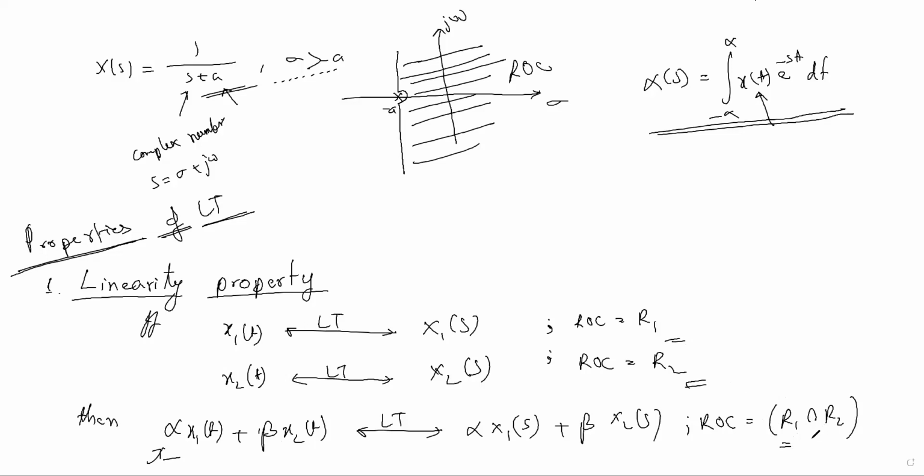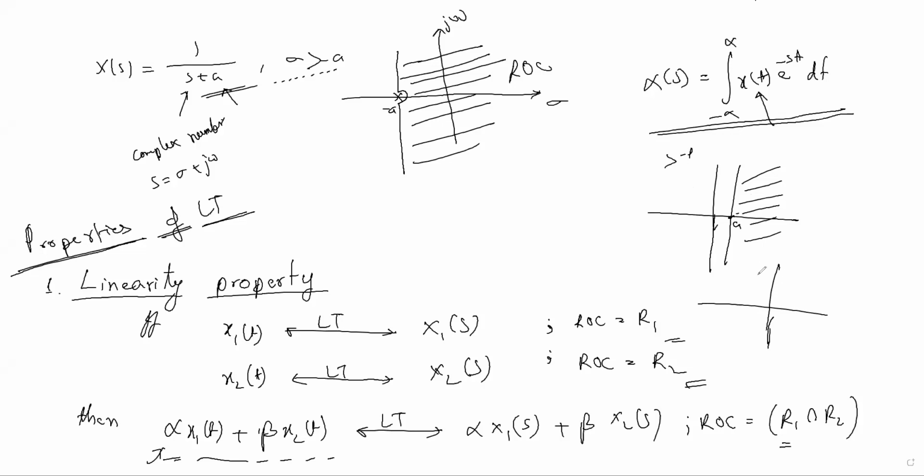Understand? Another thing you should remember: if this intersection is phi or null, then you should say that we cannot perform the Laplace transform. What I want to say, understood? Suppose one signal has ROC in the S-plane at the right side of this point, and another signal, x2, has ROC at less than minus a.